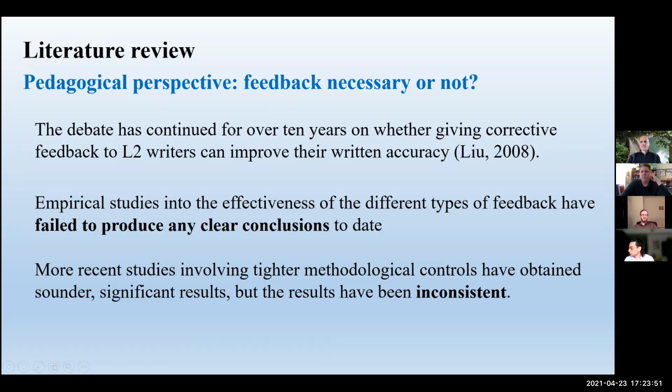From a pedagogical perspective, empirical studies into the effectiveness of the types of feedback have failed to produce any clear conclusion to date. The results of recent studies have been very inconsistent. This debate has continued for over 10 years on whether to give corrective feedback to second language learners.